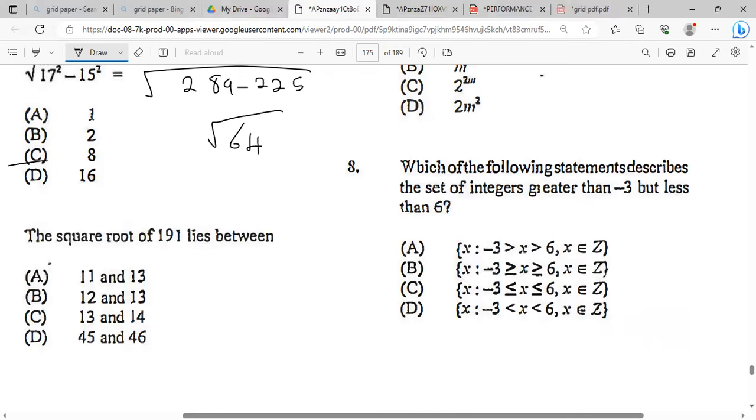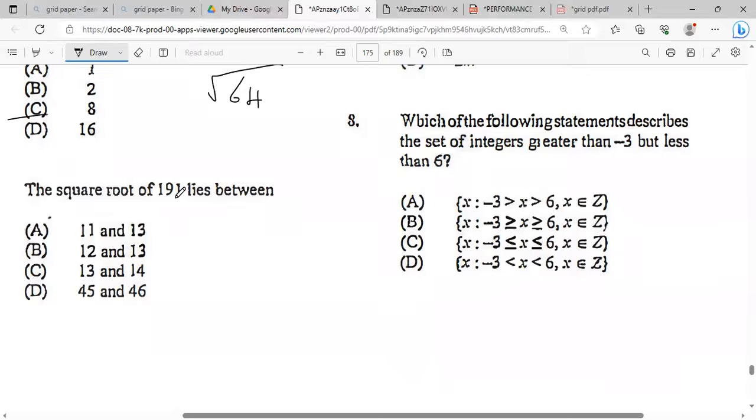Let's move on. The square root of 191 lies between... it can't be this one because this tops out at 169. So it has to be this. All right. What you can do is double check. 14 times 14: 4 times 4 is 16, 4 times 1 is 4, and 1 is 5.